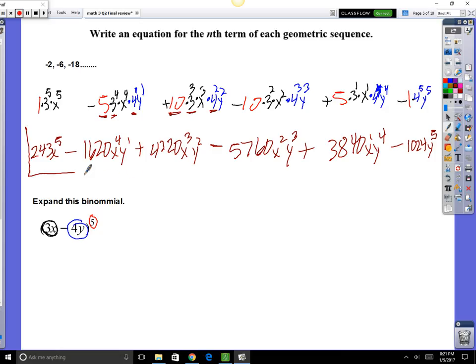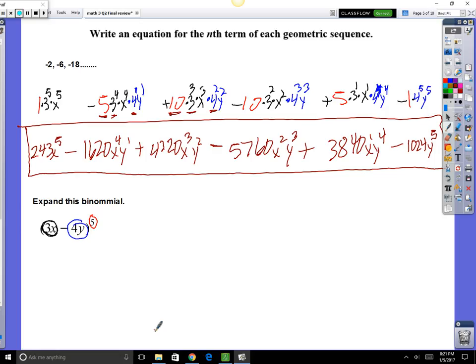And that is your answer. So 1, 2, 3, 4, 5, 6 terms. That's a big old ugly polynomial. So Pascal's triangle makes it pretty slick.